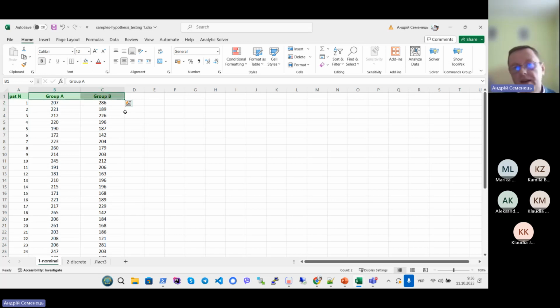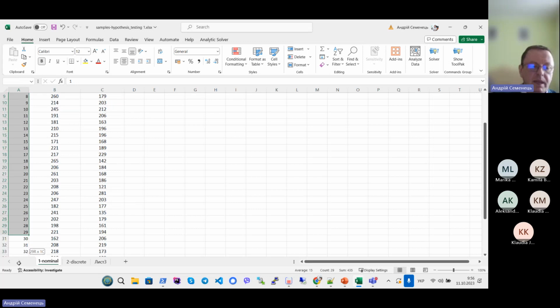For example, we compare them taking medicine versus placebo, and we measure something. No matter what it is, blood pressure or some other important characteristic, each row represents a different patient. So patient is the independent variable, and in this case it has a nominal data type.